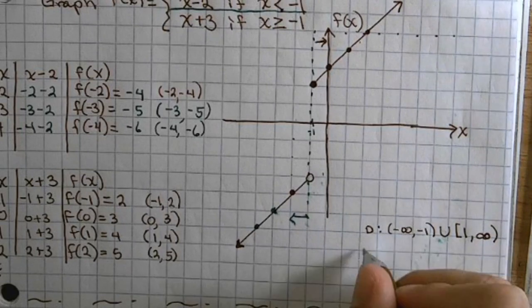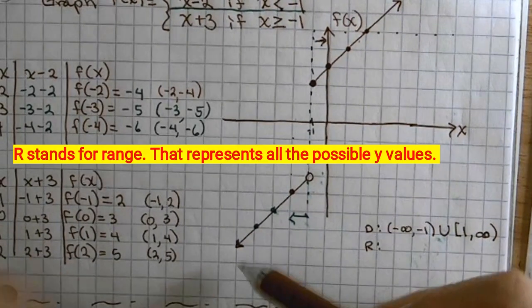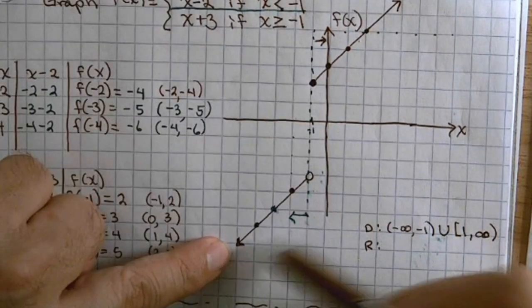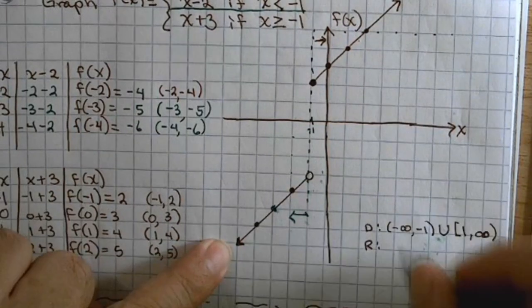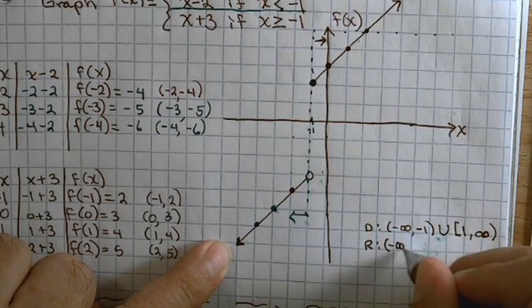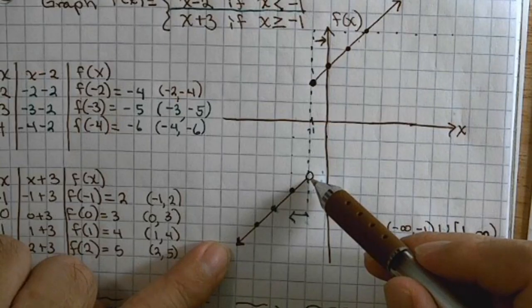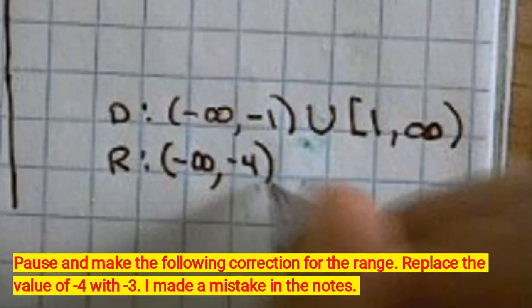Now on the range, there's a little bit more of a spread. See, we start from the bottom to the top. Our range are all the possible y values. And we start off at -infinity. And we go up to the value of y equals -4, not including -4.